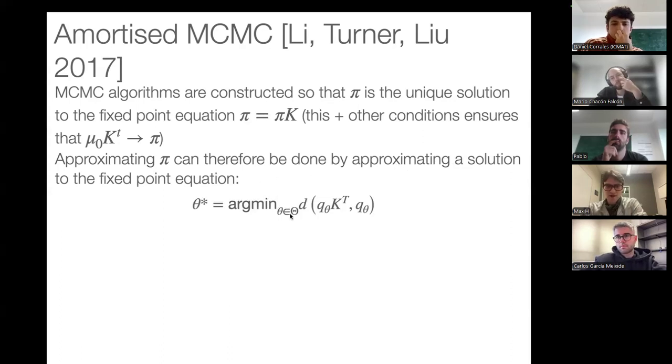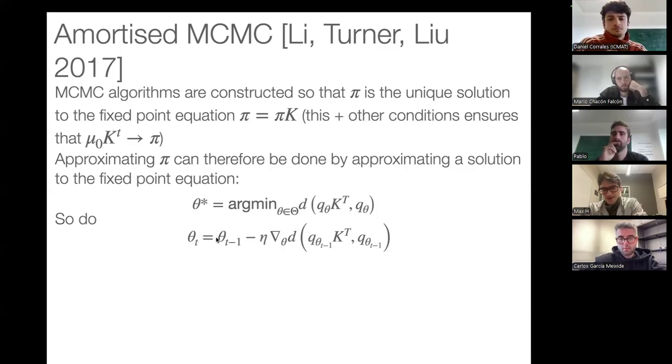So we're just optimizing over the distance between the left-hand side and the right-hand side of the equation. Good. And they do this by just doing gradient descent on the parameter that they're optimizing over.